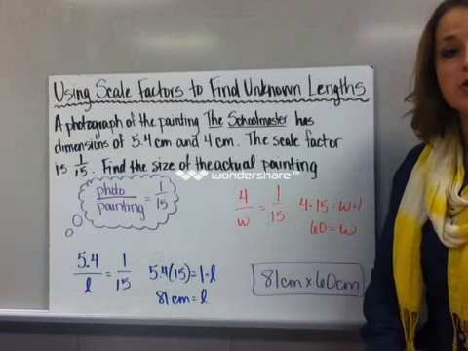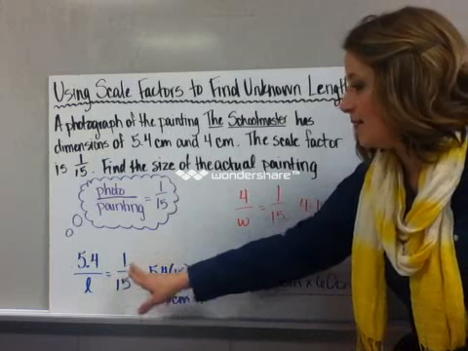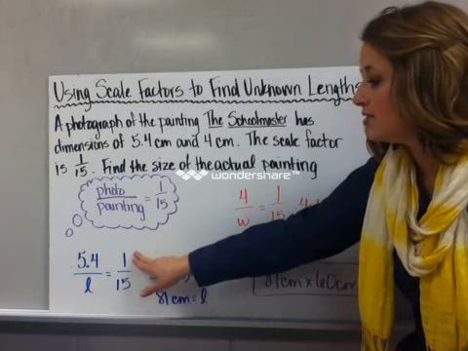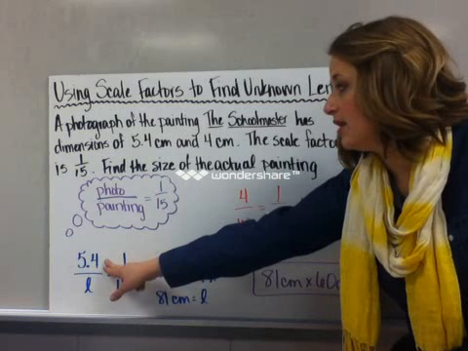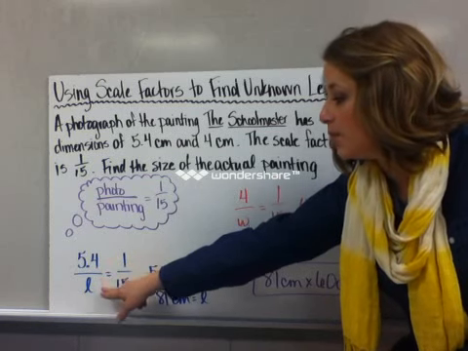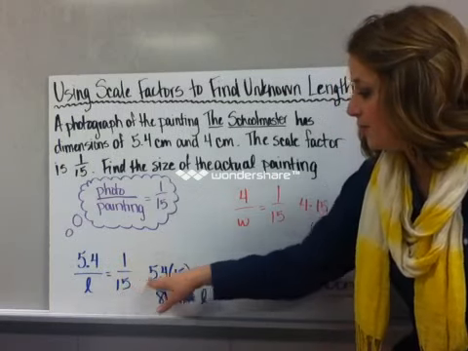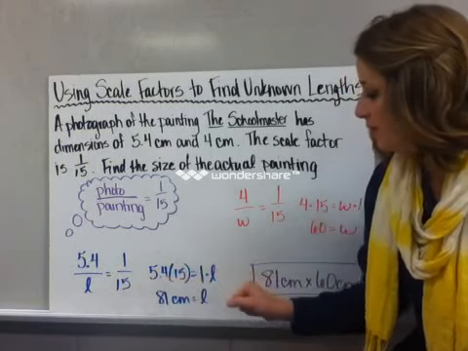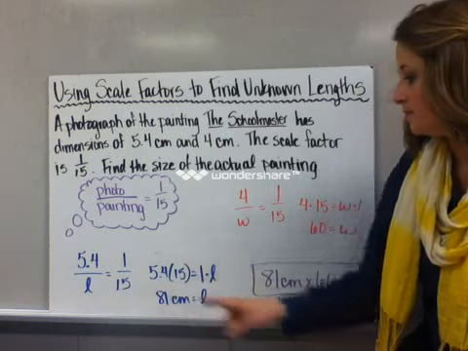I used a proportion like we did in using similar figures to set that up. So 1/15 is the photo's dimensions on top over the painting. I know the photo's length is 5.4 centimeters, and what I'm wanting to know is the actual length. I cross-multiplied 5.4 times 15 and 1 times L, and so I figured out that the length is 81 centimeters.